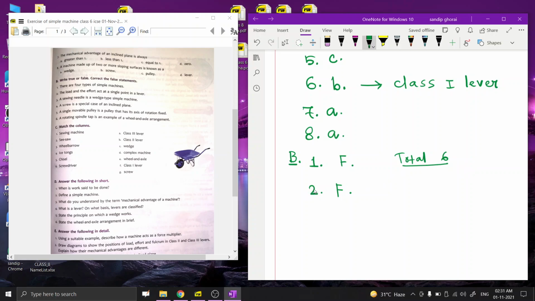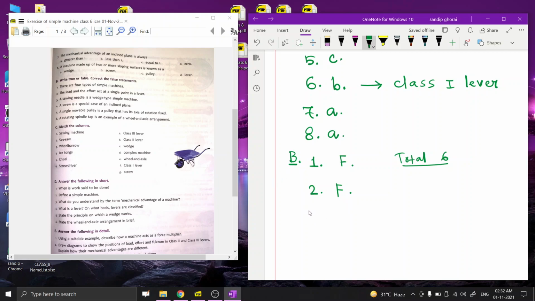For a class 2 lever, the load lies between effort and fulcrum. And for a class 3 lever, the effort lies between load and fulcrum. That is why we already know the load and effort act at different points for a lever. So this is actually false.